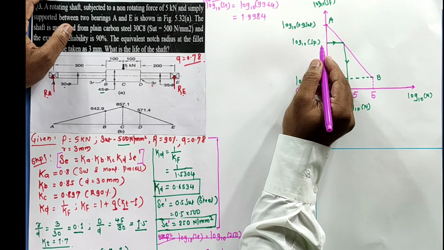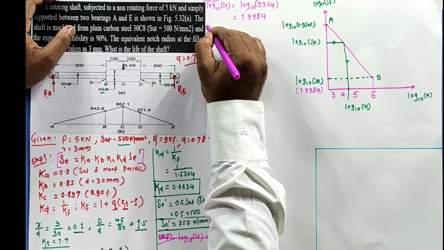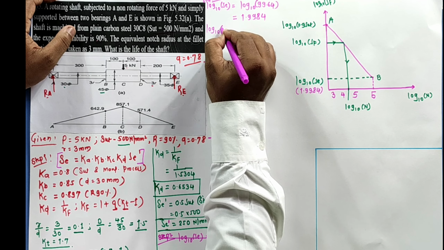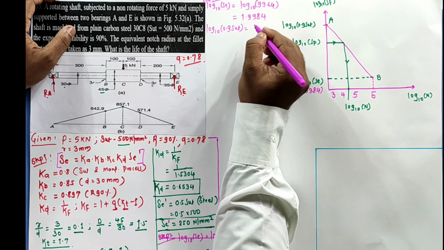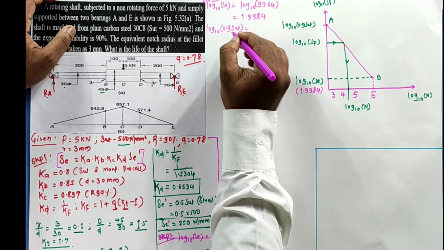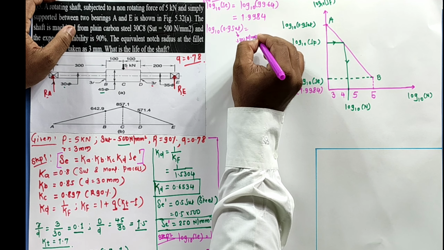Then SF is given, don't know. SUT we know, so we'll write log of base 10 of SUT, which is equal to, SUT is nothing but 500 Newton per mm square.